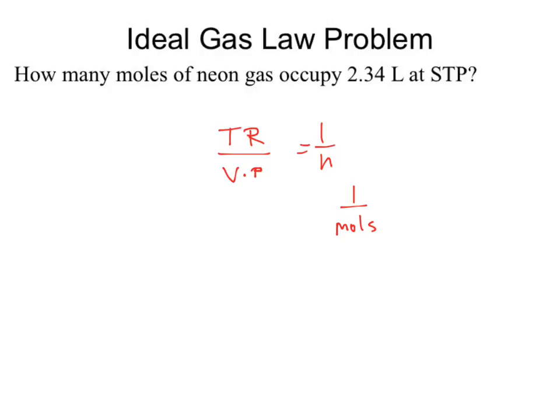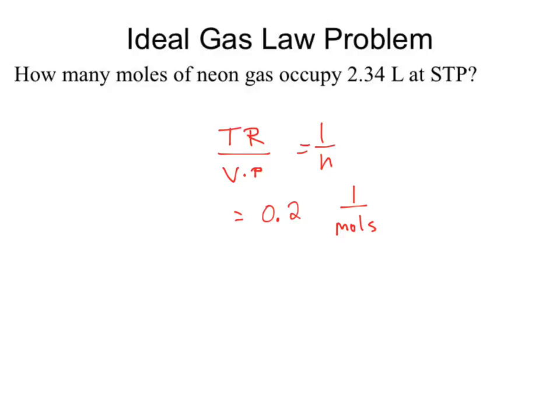Okay, so let's say we solve this out and we got 0.2 moles, or 0.2 1 over moles. Well, if I wanted to solve for moles, what I've solved for is the inverse. Well, that's technically wrong. Instead of going back and resolving everything, what can I do? Take the inverse of the result I've already got.